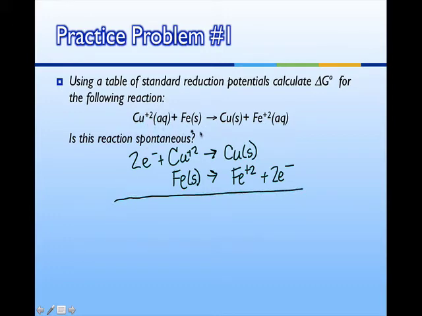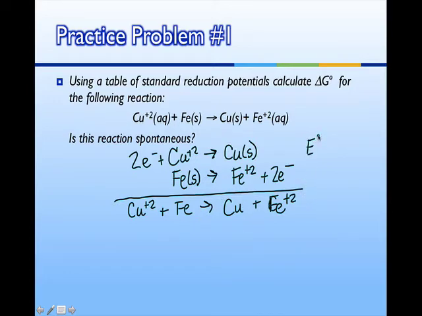And it turns out that this was the balanced reaction. So we take our copper, and then the iron giving us the solid copper, and the iron ions.